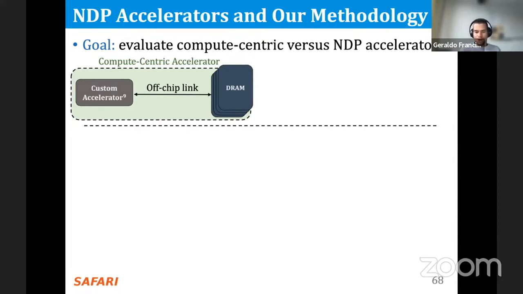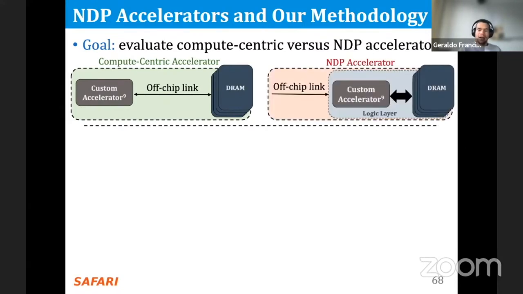This is similar to your regular, for example, edge TPU accelerator or neural network accelerator. We contrast this compute-centric accelerator with a near-data processing version of the same accelerator. So you take the compute-centric accelerator, the custom accelerator, and we move it to the logic layer of a 3D stack system, and we compare both systems.